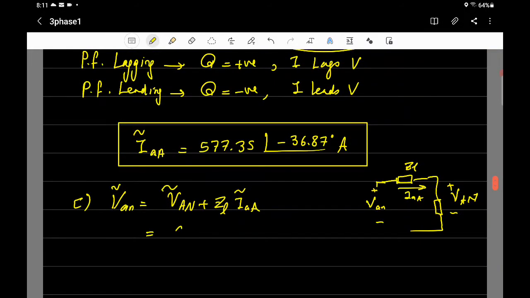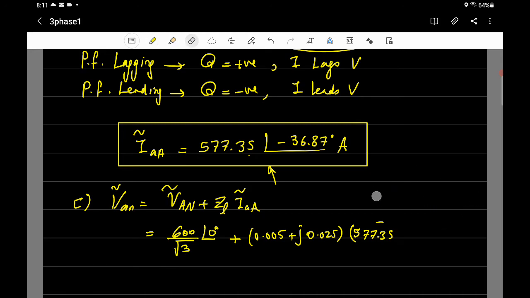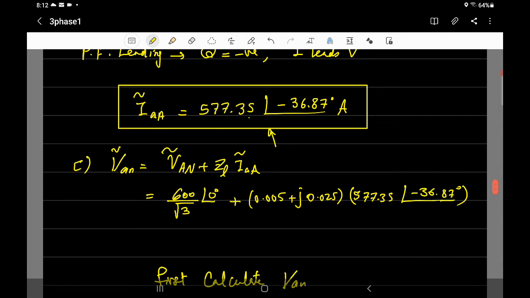So that will be 600 over square root 3 angle 0 plus ZL, which was given, 0.005 plus j0.025, and the current we just got, that's the current, times 7.35, and the angle is equal to negative 36.87. Use your calculator or MATLAB to do this complex calculation.